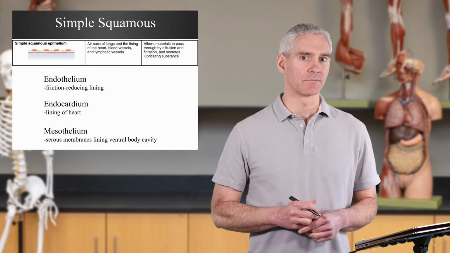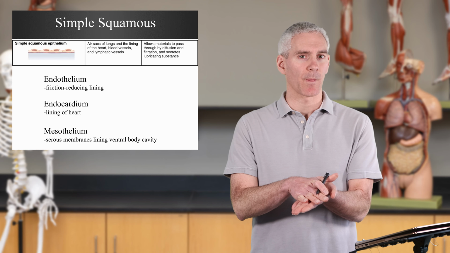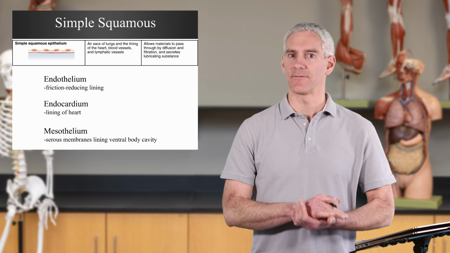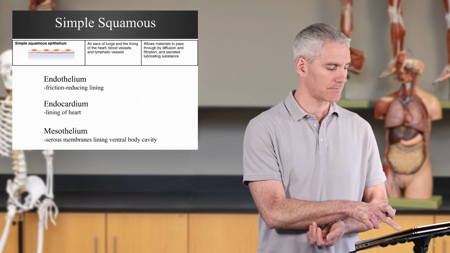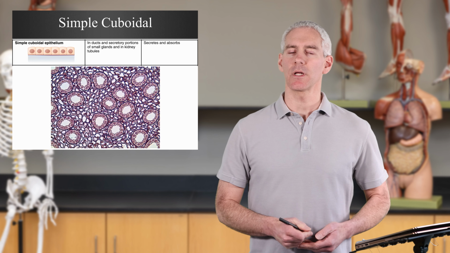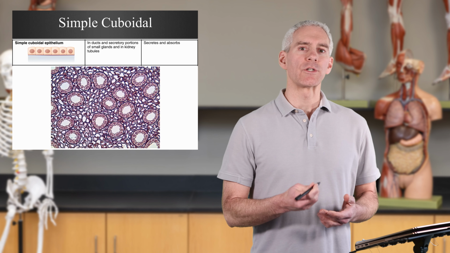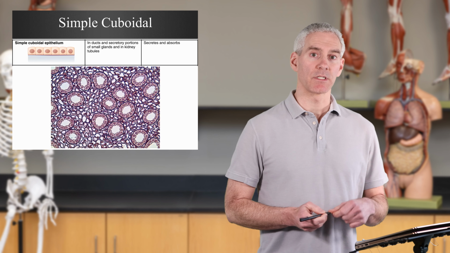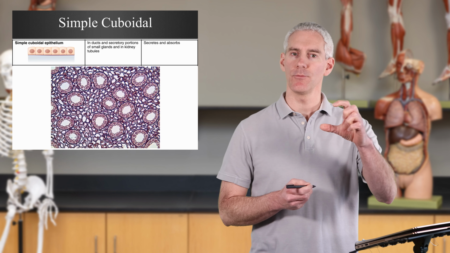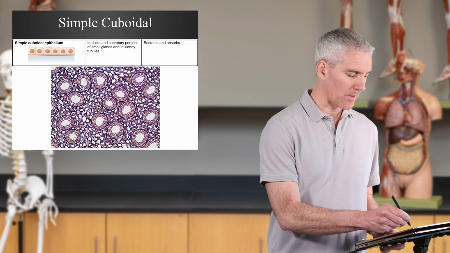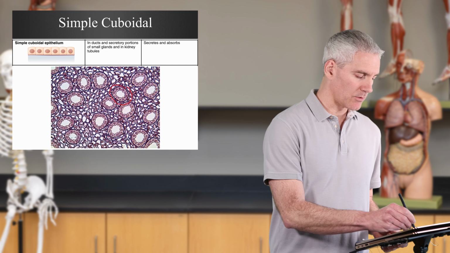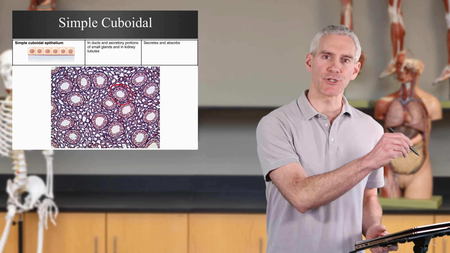Simple squamous: flat, one layer, covering or lining various structures in the body. Simple cuboidal. When trying to identify simple cuboidal, it's one layer of cube or box-like cells. This is what we're looking at for a simple cuboidal, forming a ring shape.